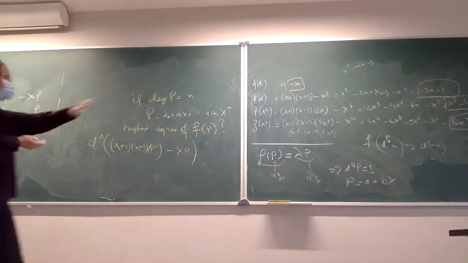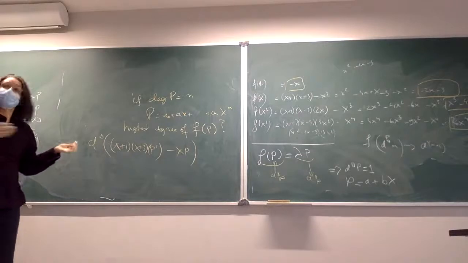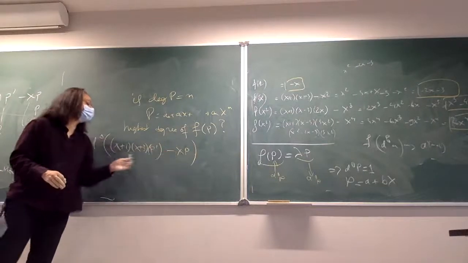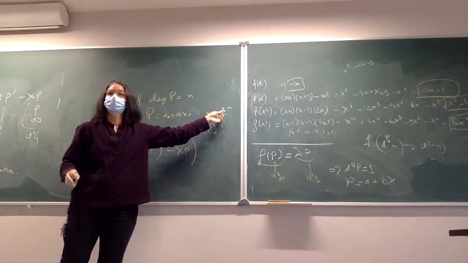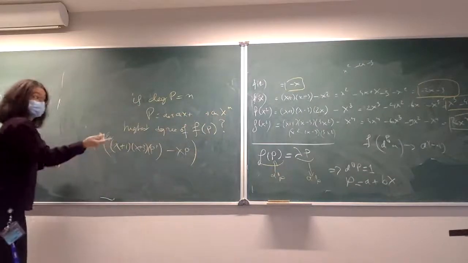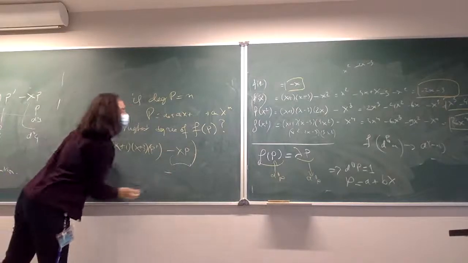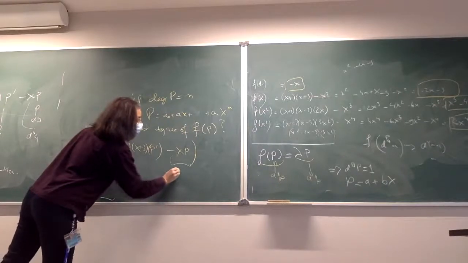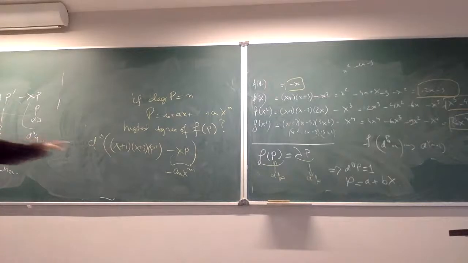If I take now in general P, the degree of P is equal to n. Yeah, but we have to show it. What's going to be the highest order term in that thing if what I plug in is this polynomial? So here, the highest order term is going to be minus An x^(n+1). And what is the highest order term here?